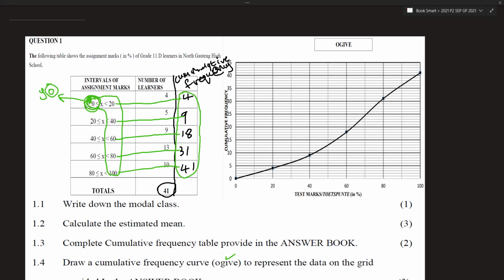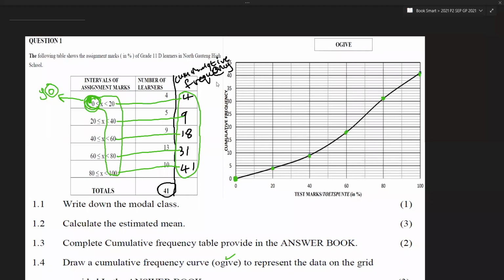Now I'll show you how they plotted this. So we have 0 and 0, which is here. Then we have 20 going with 4, which is there. Then we have 40 going with 9, which is there, and so on. Then you join a nice curve, right? Then that should be your ogive curve.